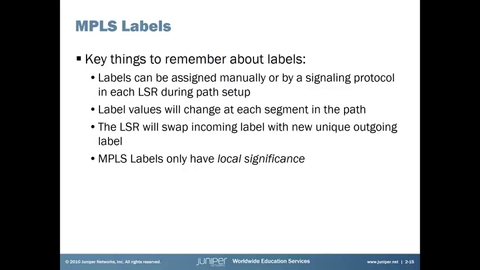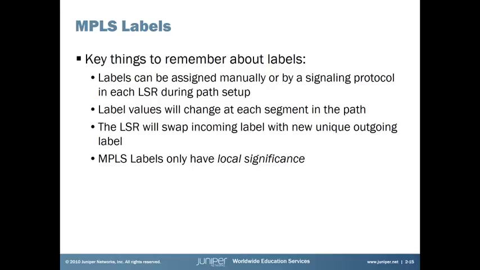So the point of that is the labels only have local significance, meaning that the forwarding decision that is made is based on a label value that the router is expecting to receive from its downstream router.